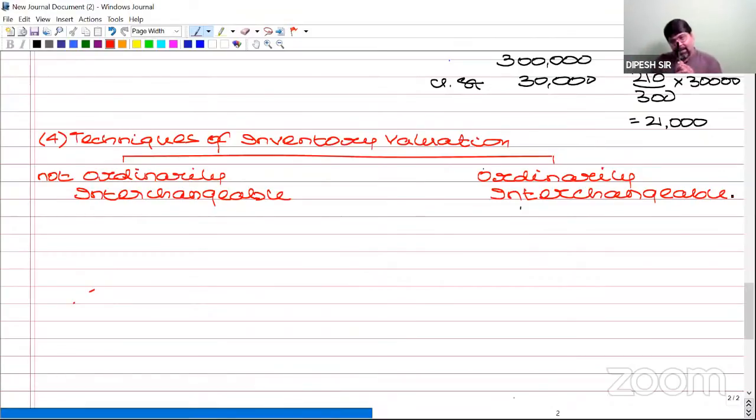The items are ordinarily interchangeable. So when the items are ordinarily interchangeable, then we use the general identification method.